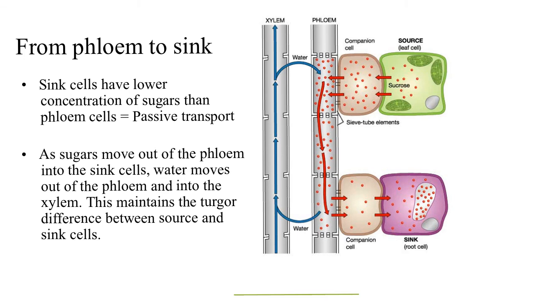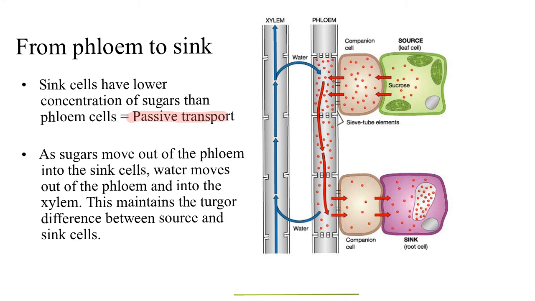And our final step of movement of sugars in the phloem is moving from the phloem to the sink cells. And because our sinks have a low concentration of sugar, then this allows passive transport to occur. So we do not require energy to store or put glucose into these sink cells.